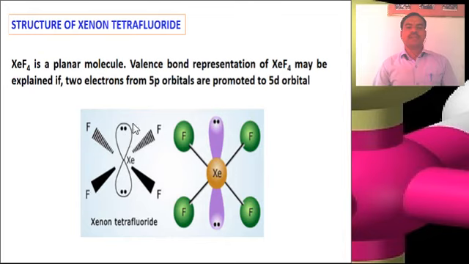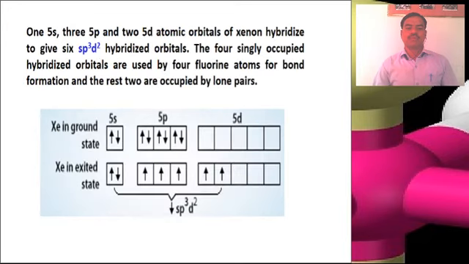The structure of xenon tetrafluoride: see the structure of xenon tetrafluoride here. XeF4 is a planar molecule. The valence bond representation of XeF4 may be explained if two electrons from 5p orbitals are promoted to 5d orbitals. Here are the pictures of the XeF4 molecule.